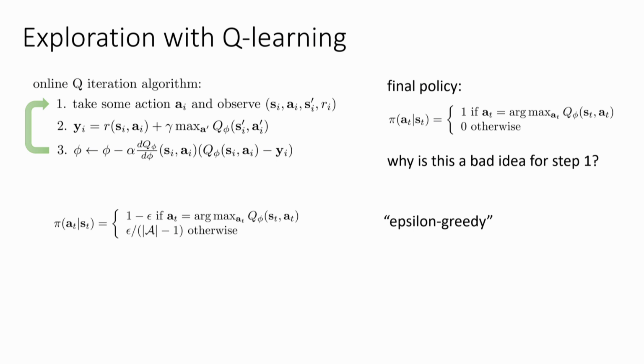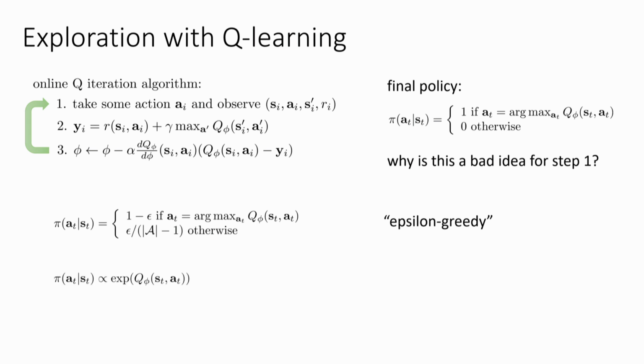So every action has at least some probability, and we'll just say it's uniform over all the actions except for the best one, which has a probability of 1 minus epsilon. And you choose epsilon to be some small number, so that the larger the epsilon is, the more random you behave. For a small epsilon, you're mostly going to be taking your best action. For a large epsilon, you're mostly going to be doing random stuff.